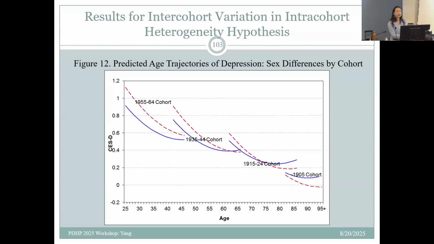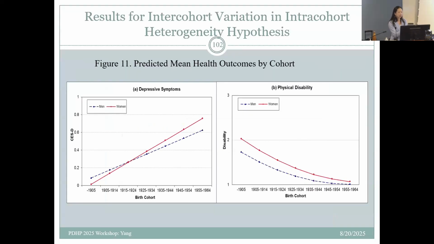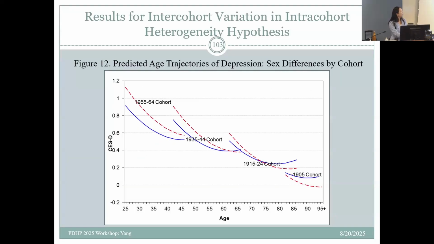And here are the predicted age trajectories of depression that further support the hypothesis of intercohort variation and intracohort heterogeneity, in this case by sex for mental health, because it means that the within-cohort sex gap does not uniformly increase or decrease across the life course, but varies by cohort.